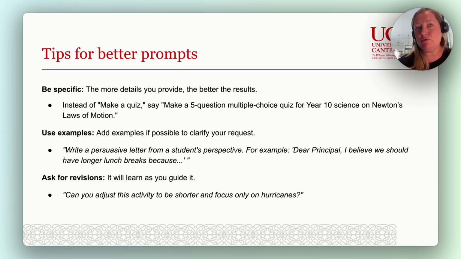So while a broad request can give you some really interesting information, if you spend a little bit more time perfecting your request, it can give you better responses. As we go through this course, I'll talk a little bit more around how to improve your prompts, as well as some of the things to think about in terms of what you're inputting in terms of prompting and keeping yourself and your data safe.